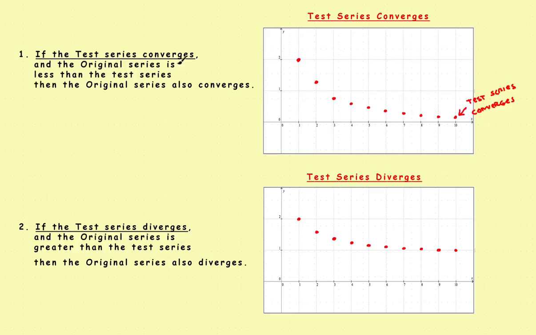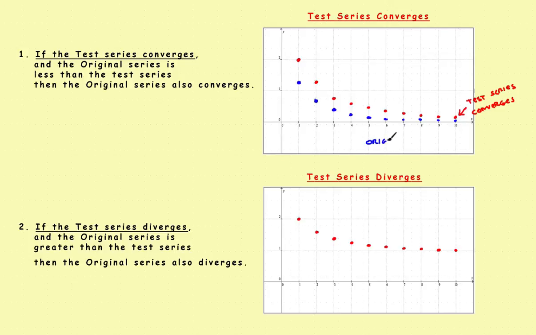Now, if the original series is less than the test series at every point, we'll put the original series kind of in blue. All that means is every blue dot that I put on here is going to be below the red dots. So this means that each point on the original series is less than a point on the test series. So again, these blue dots here are the original series.